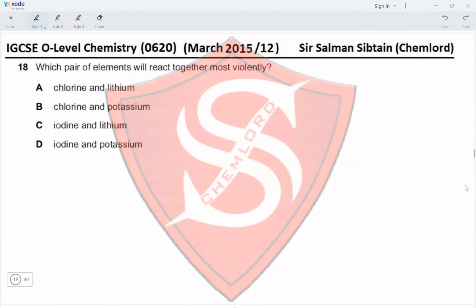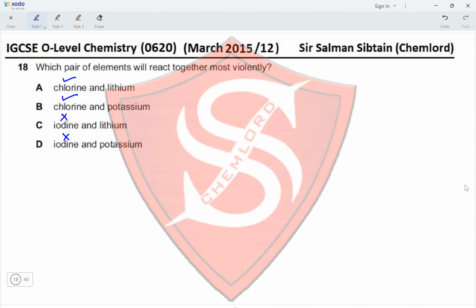Question 18. Which pair of elements will react together most violently? Chlorine and lithium, chlorine and potassium, iodine and lithium, iodine and potassium. So first let's deal with group 7. The reactivity of group 7 decreases down the group. So chlorine would react more vigorously than iodine. Now let's look at group 1.